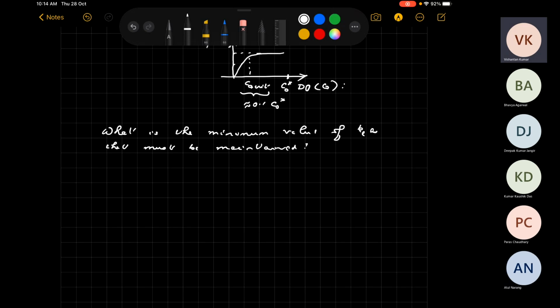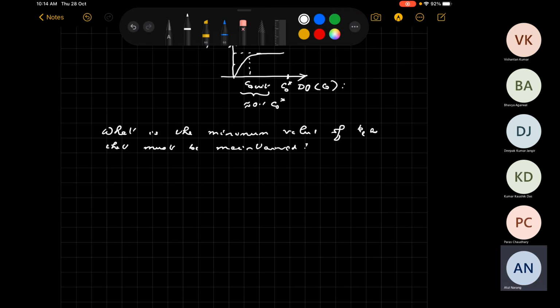And since we are given R naught into X, and the minimum value of C0 would be equal to 0.1 C naught star, we need to find KLA. So we can get KLA into 0.9 C naught star minus R naught X equal to 0.